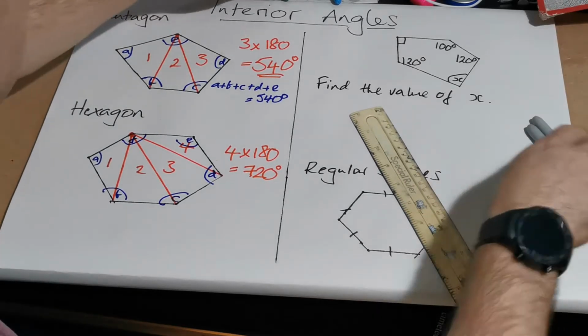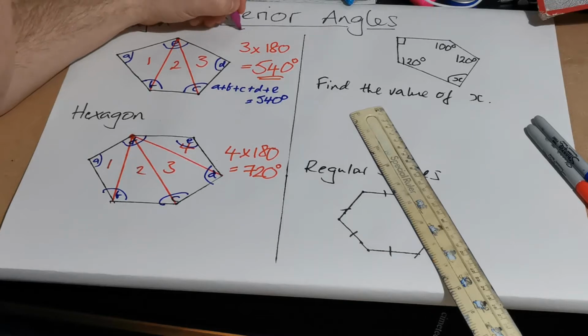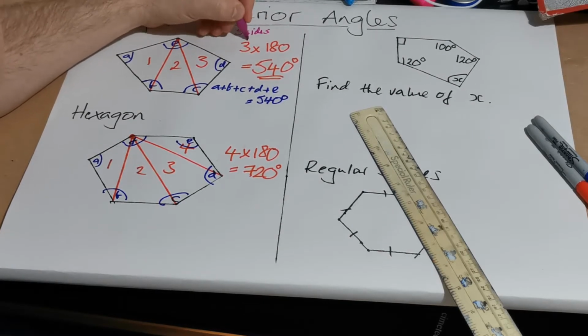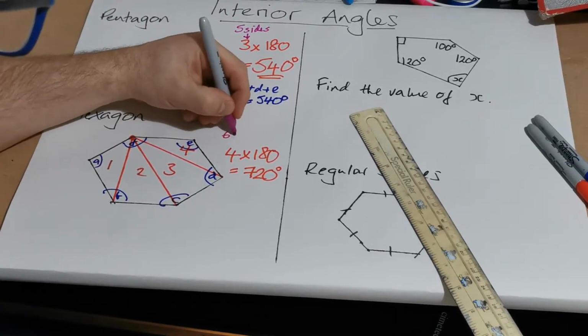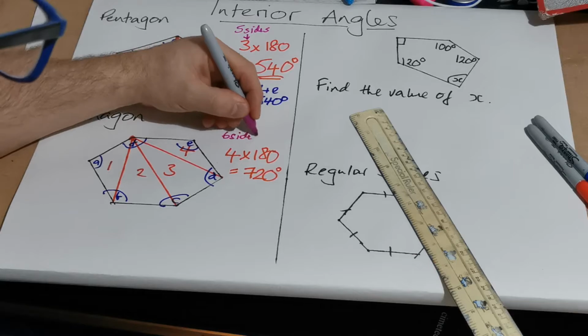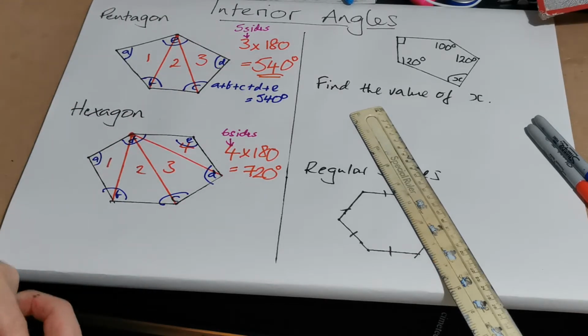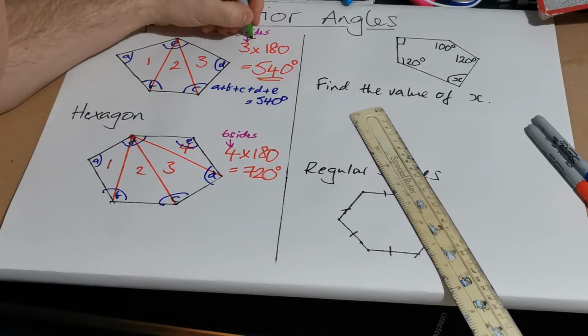And let's look at that relationship here. So here I had 5 sides, and this was the number of triangles that I could make. And on this one I had 6 sides, and this was the number of triangles I could make. So it doesn't take a genius to look at that and say, okay, I take 2 there.